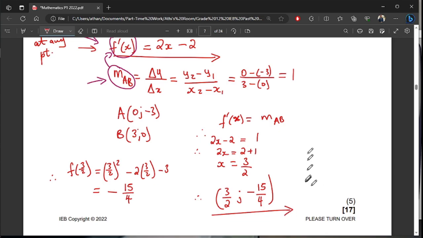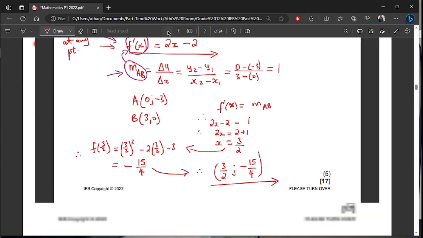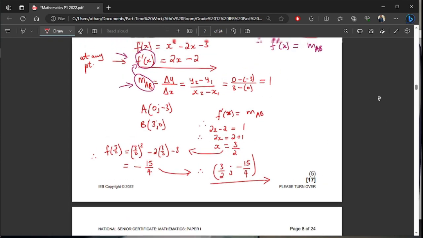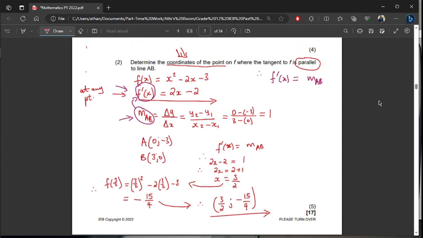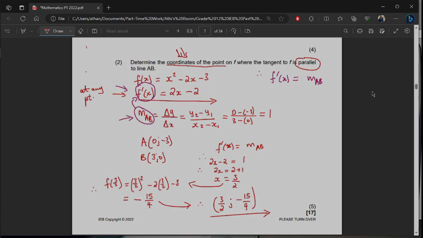Now we have answered the question. So from here we moved there, and then from there we moved there. If you got confused somewhere, please pause the video and look at how I ended up with the coordinates there.